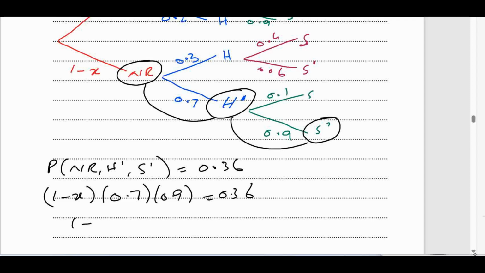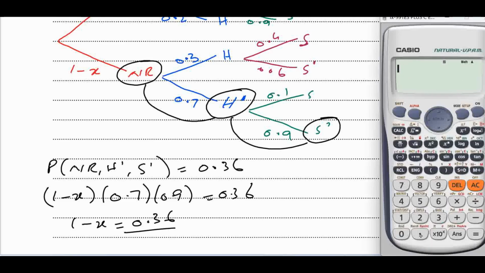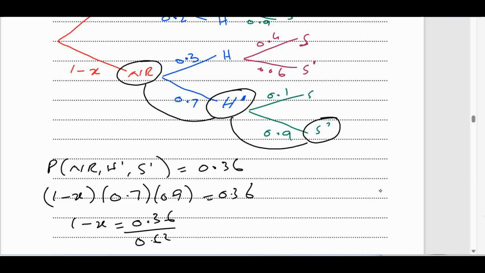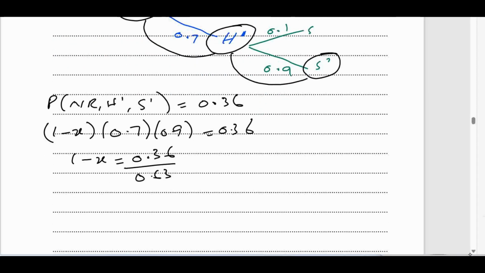So 1 minus x will be equal to 0.36 divided by 0.7 into 0.9. This will be equal to 0.63. So 0.63. Now if we change the position, 1 minus 0.36 divided by 0.63 is equal to x.